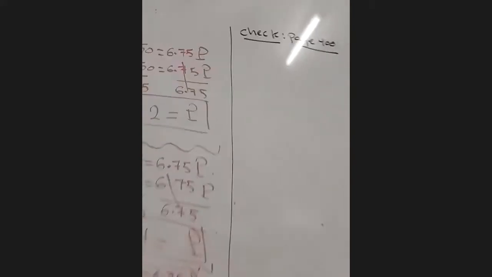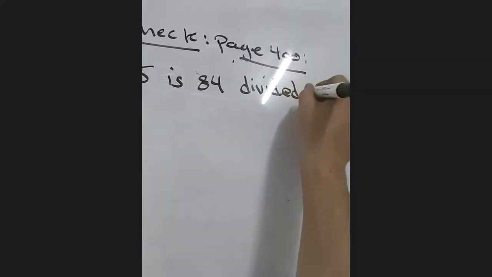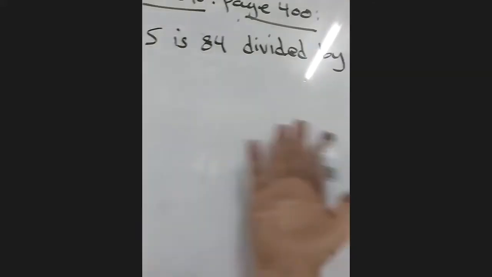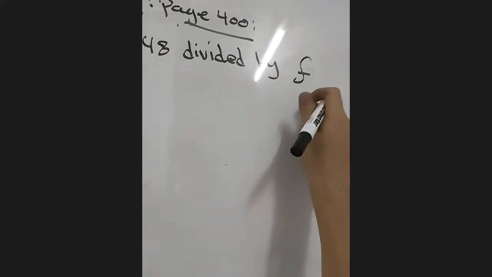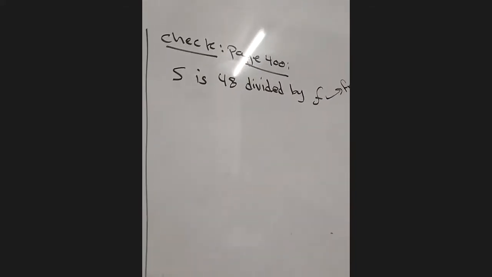The number of stickers each friend will receive is equal to 48 divided by F. S is what? The book wrote 84, but it's 48. 48 divided by F. And F is the number of friends, right? Yes. Good. S is the number of stickers.